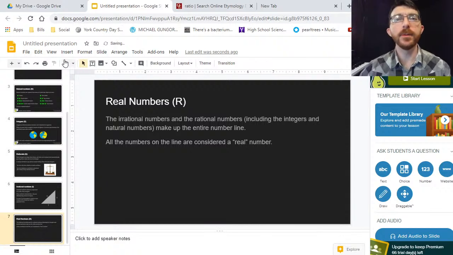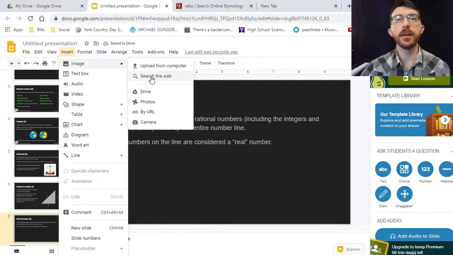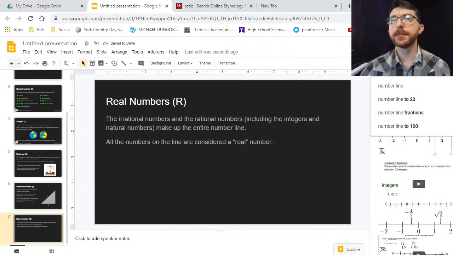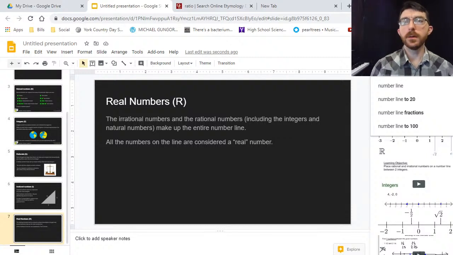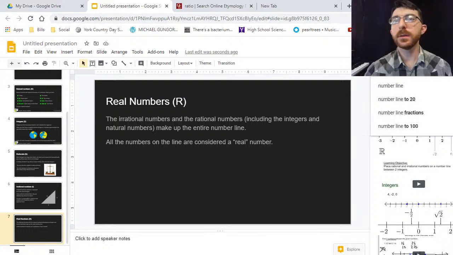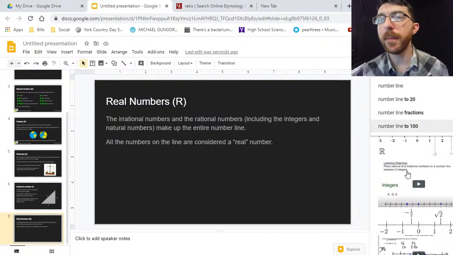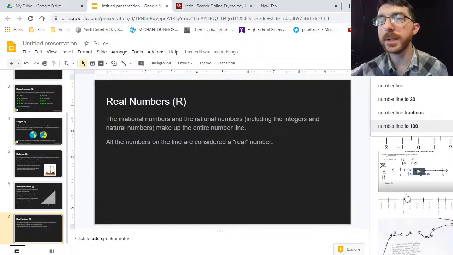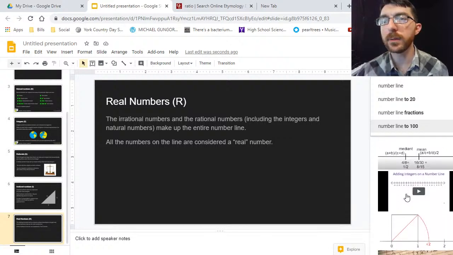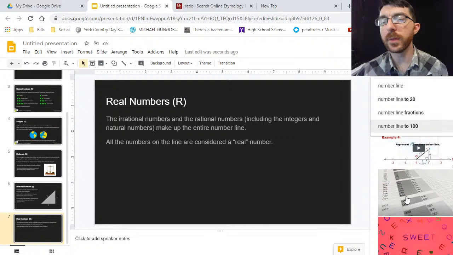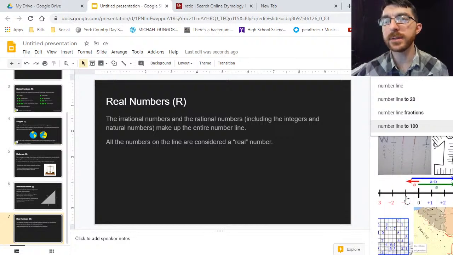No, that one was indicating some irrationals and where they are. Okay, do I have to make a number line? I shouldn't have to make a number line. I just want a number line with 0 in the middle, negatives on the left, and positives on the right. Is that too much to ask?